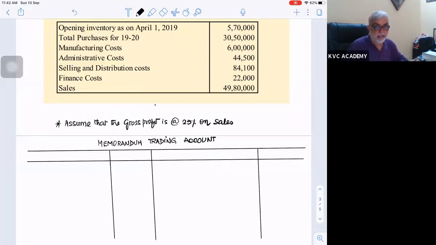Whenever we use it for calculating something, then it is memorandum trading account. It is not actual financials. Okay.